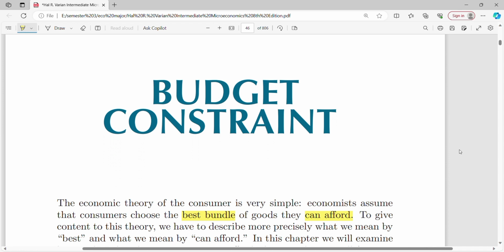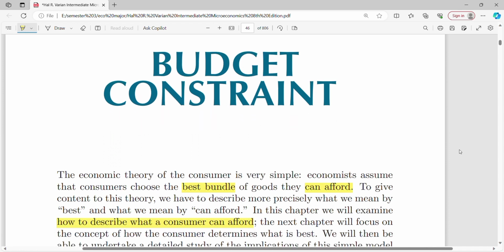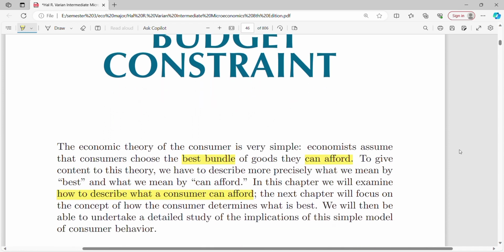Here, the best bundle and can afford are two terms which have to be described more precisely, and our whole syllabus revolves around this. In this chapter, we deal with how to describe what a consumer can afford, and in the next chapter, we'll examine how a consumer determines the best bundle.